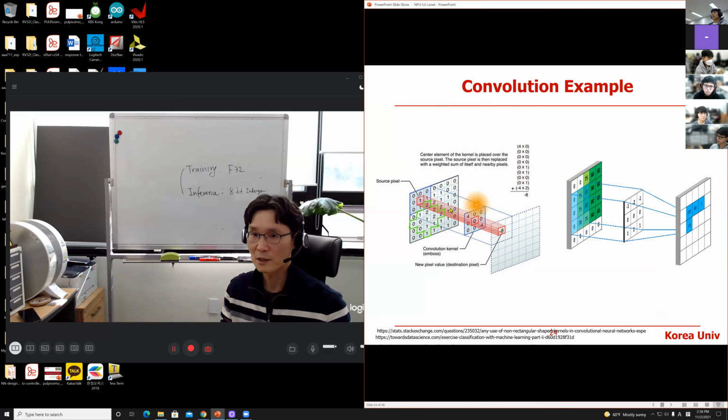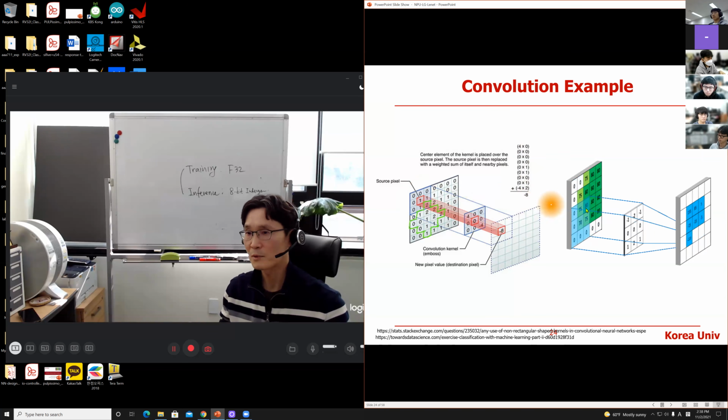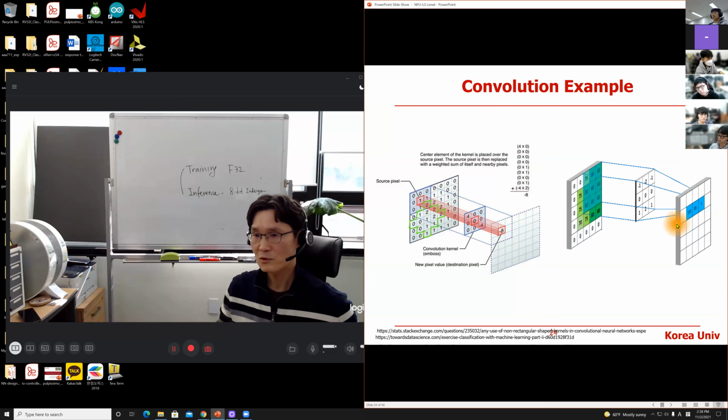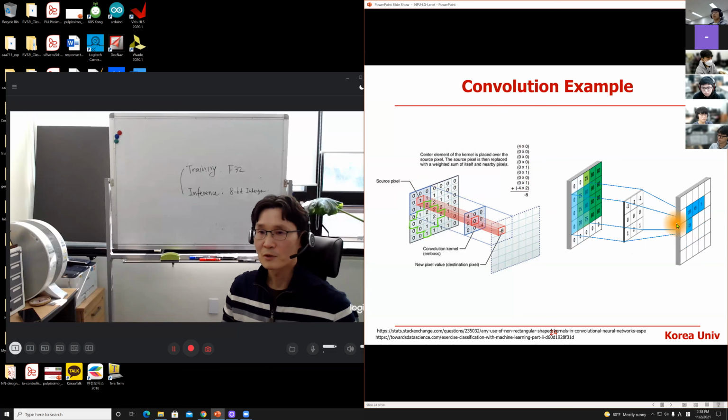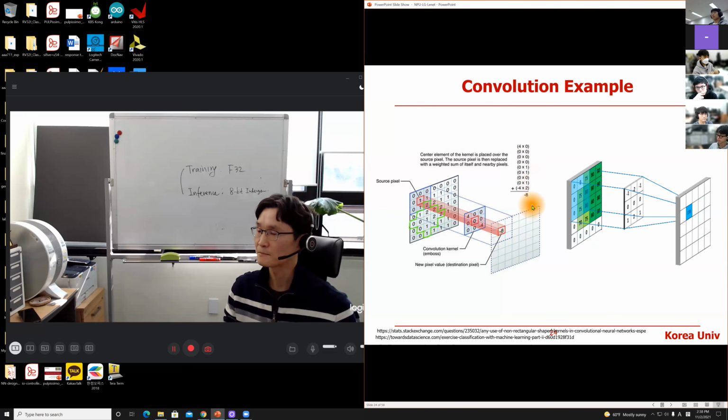You are multiplying this first pixel with the first value in the filter. 0 multiplied by 4, 0 multiplied by 0, 0 multiplied by 0, and so on, and the output will be stored. That is the convolution operation. The operation itself is very simple, but you have to do a super humongous amount of multiplication and addition.